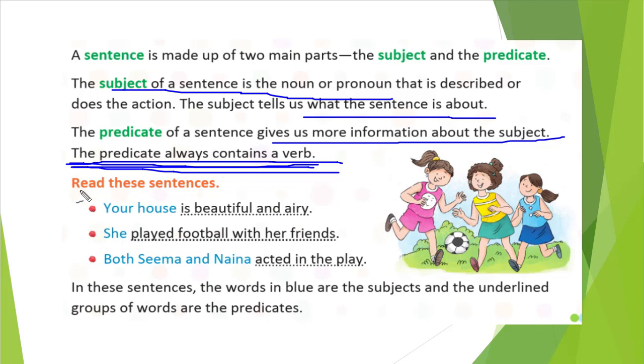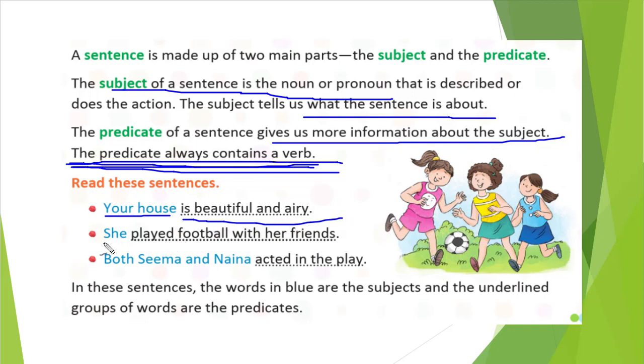Okay, you can see here, your house is beautiful and airy. Airy means a place where air can come and go. So here, your house is our subject, and is beautiful is our predicate, a full sentence from start to end.